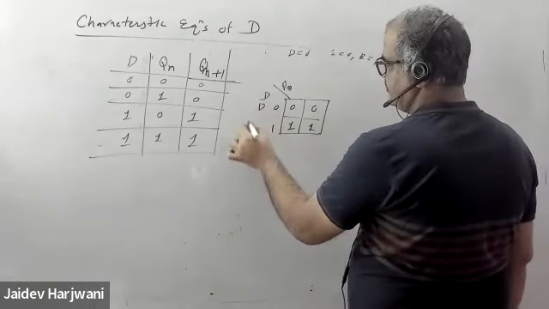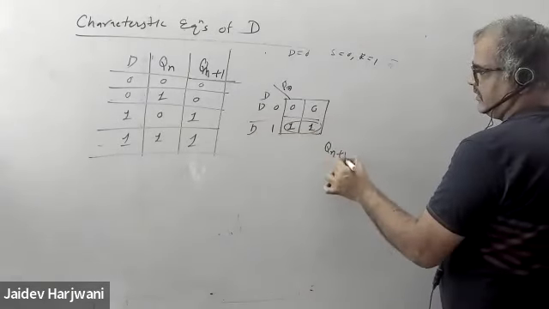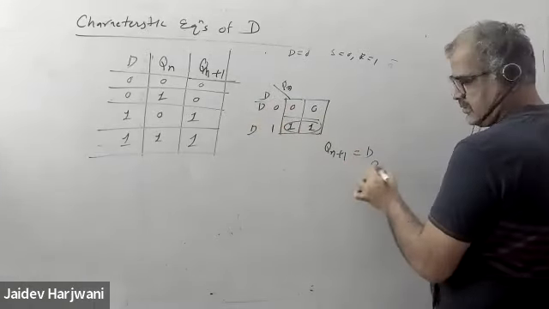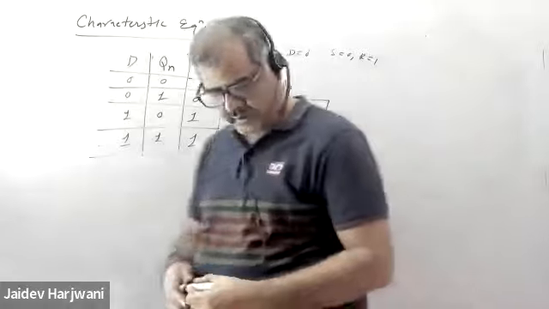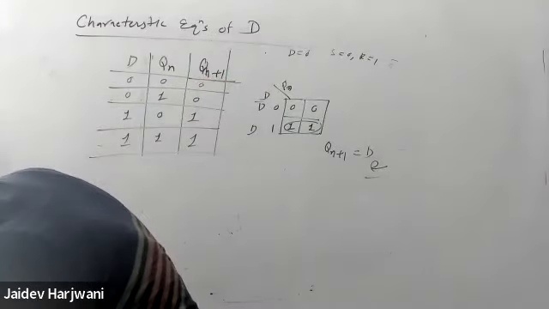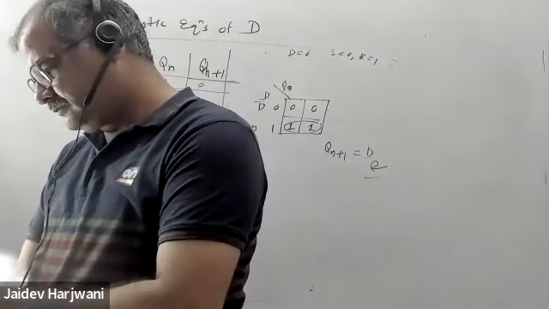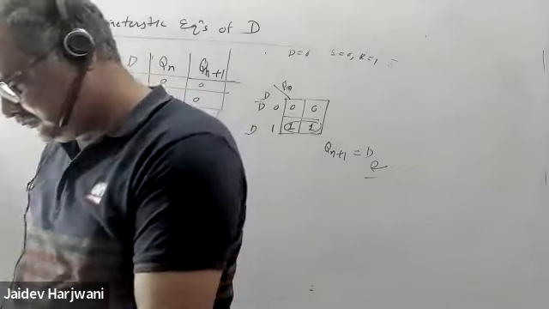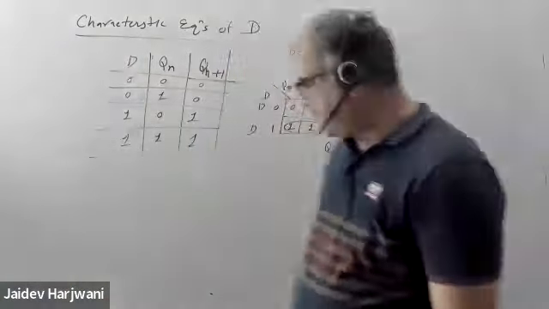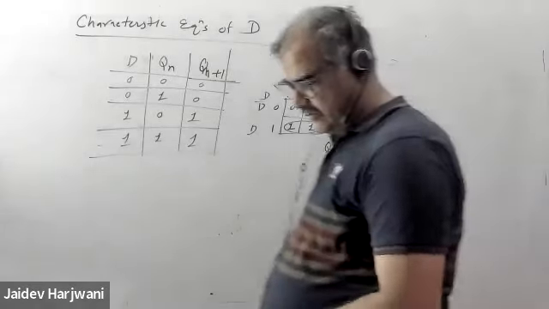This is D bar, this is D. Obviously, Qn plus 1 is equal to D. So this is the characteristic equation for D flip-flop.